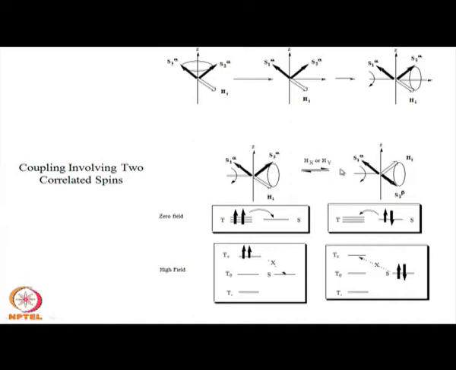So, this is S2 after this movement, this coupling. You see this black arrow because of this motion.